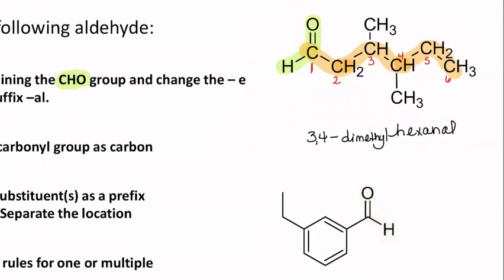So, when you have a CHO group, okay? And for those of you that need to see the carbons, there's a carbon right here. So that's why that is a CHO group, right?